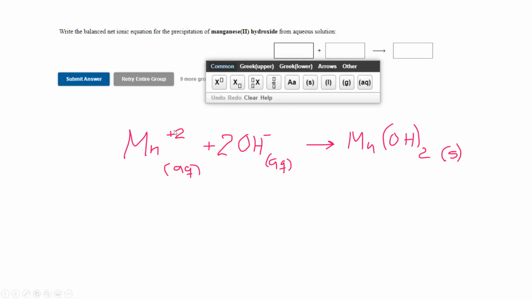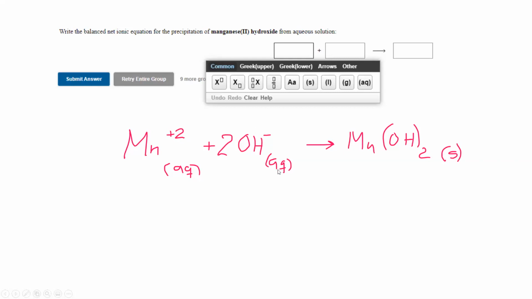As you have 2 positive in manganese, you need 2 negative ions to balance the charges. And you write a 2 in front of the ion. The charges are represented with this symbol because they will be like an exponent.